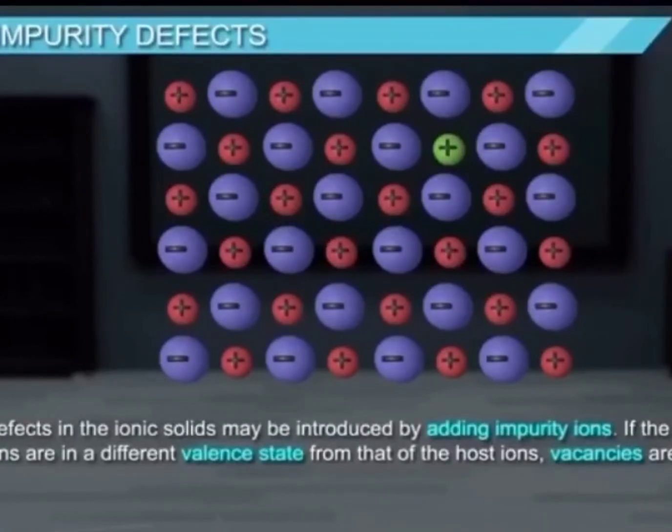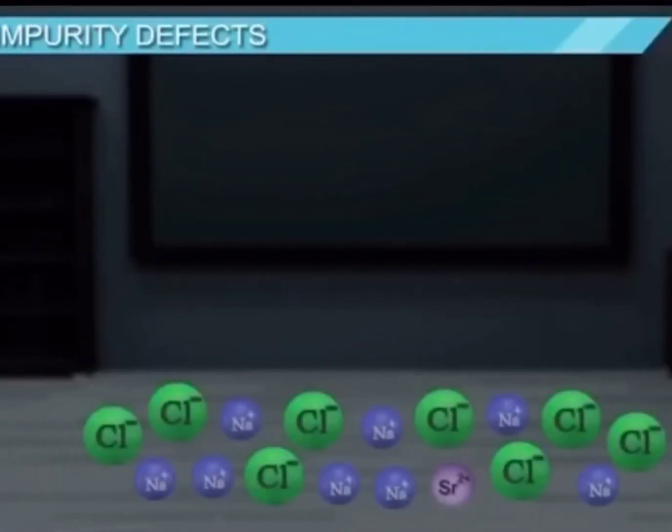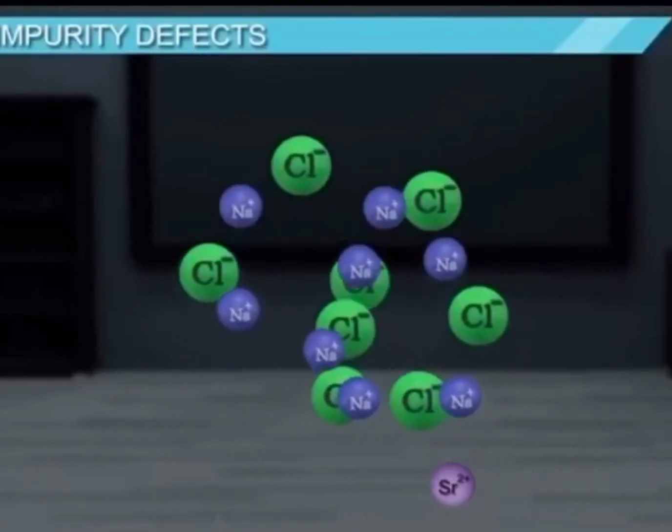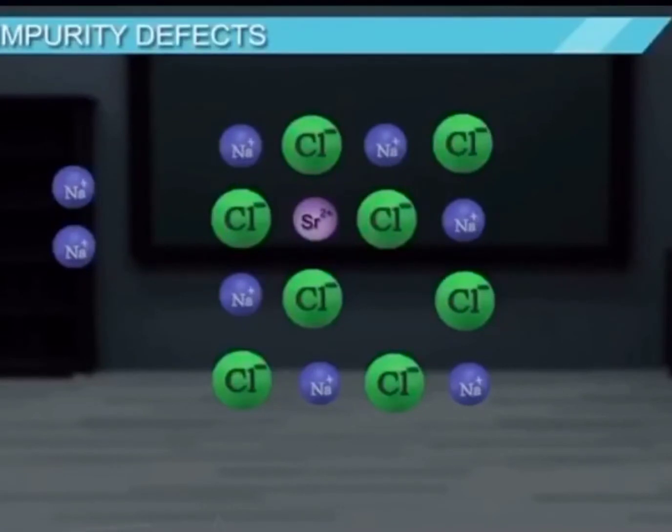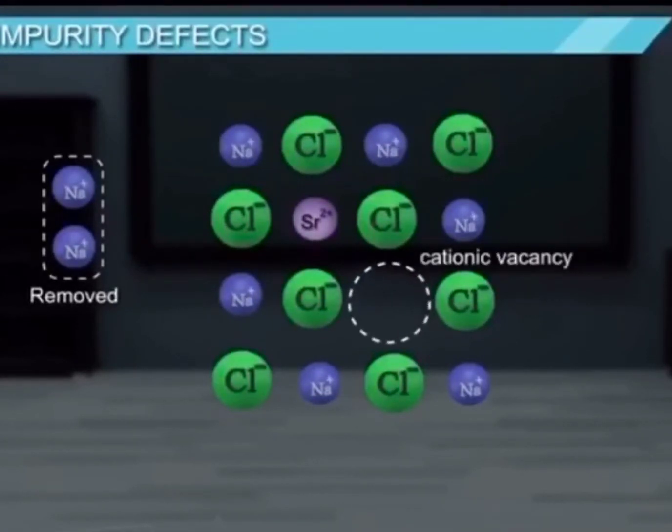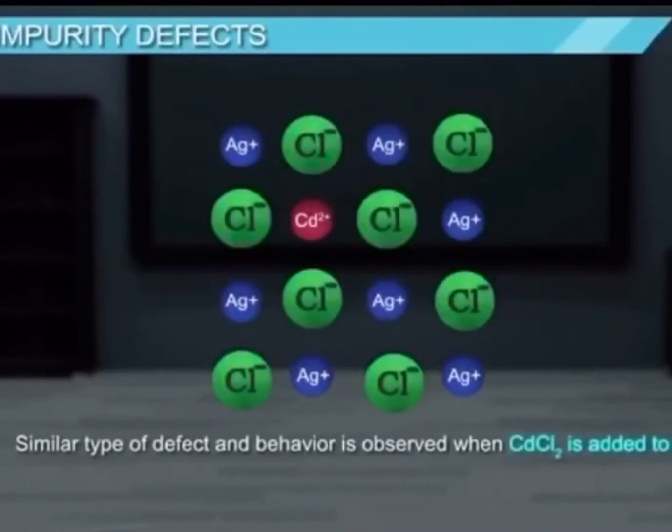For example, if molten NaCl is crystallized with a little amount of strontium chloride, some of the sites of sodium ions are occupied by strontium ions. Each strontium ion replaces two sodium ions in order to maintain electrical neutrality. It occupies one of the sites of sodium ion and the other site remains vacant. Another example of impurity defect is the solid solution of cadmium chloride and silver chloride.